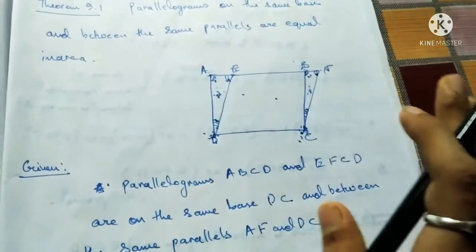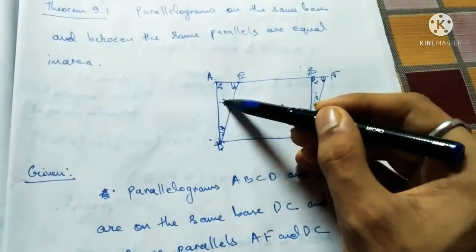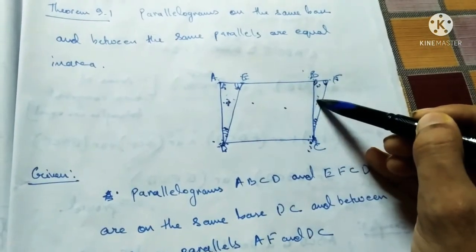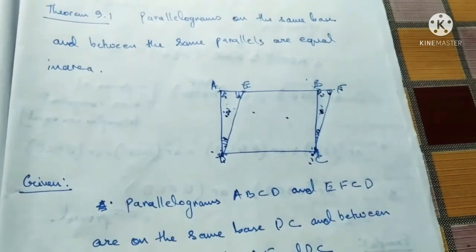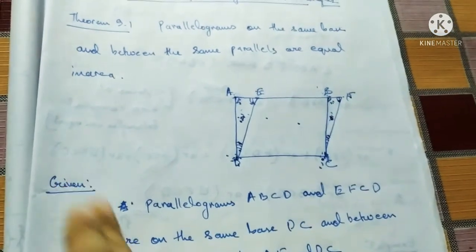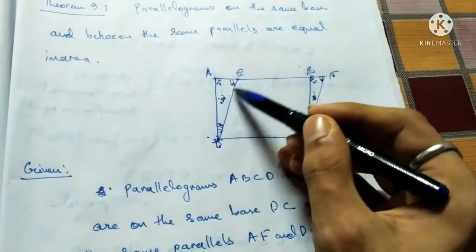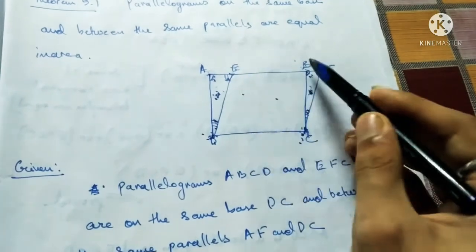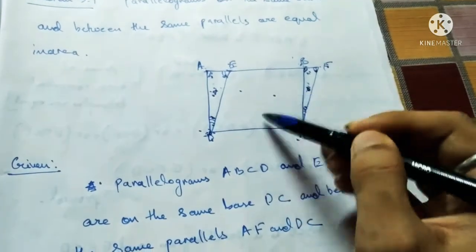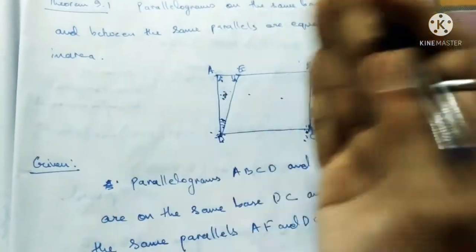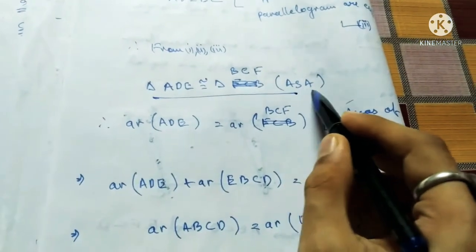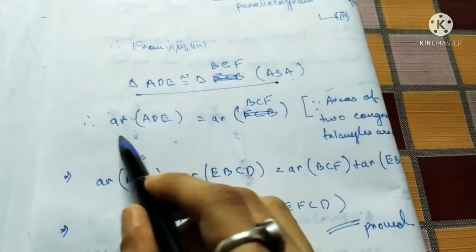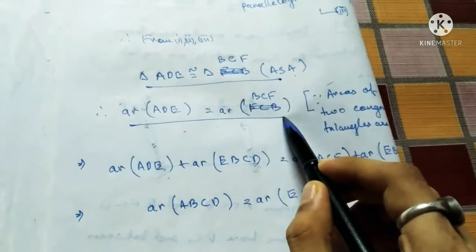First of all I will show that this triangle is congruent to this triangle. Since this triangle is congruent to this triangle, their areas will also be equal, and to both the left hand side and the right hand side I will add this portion area, that is EBCD. These two triangles are congruent by the ASA rule, so the areas of these two triangles will also be equal.